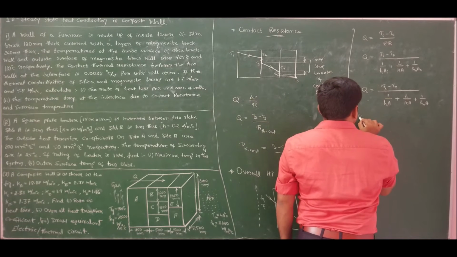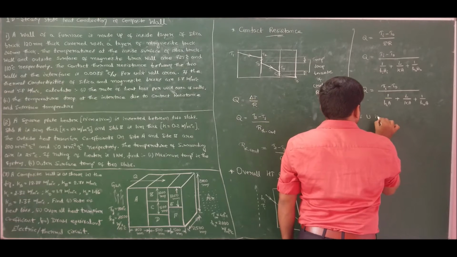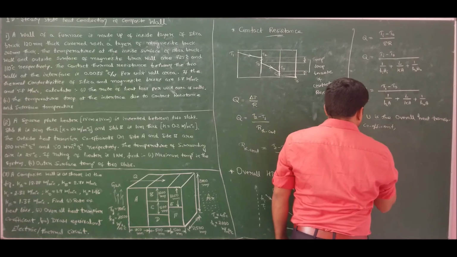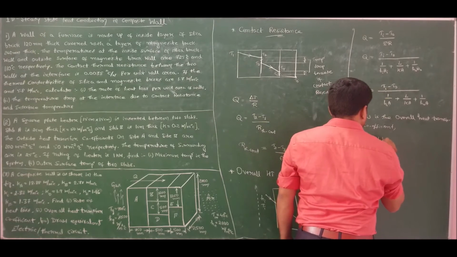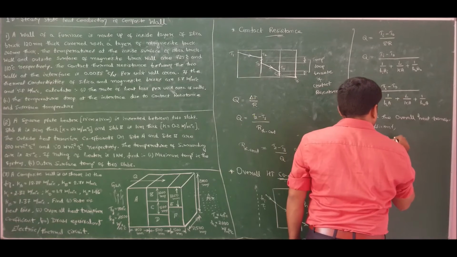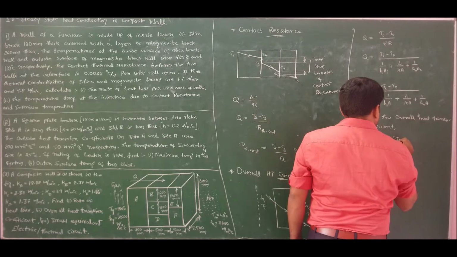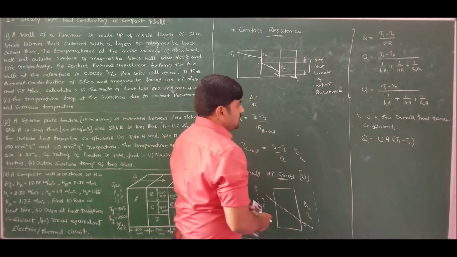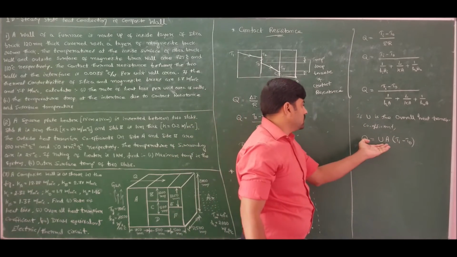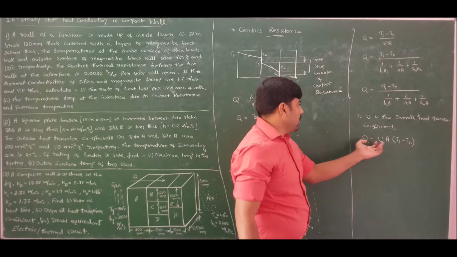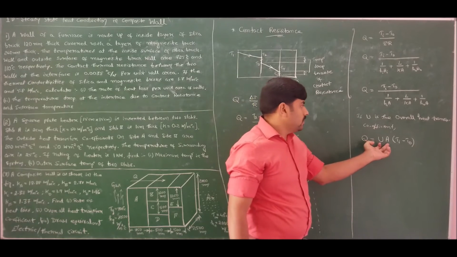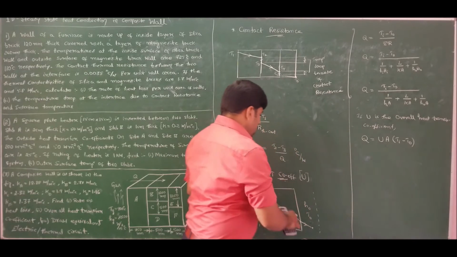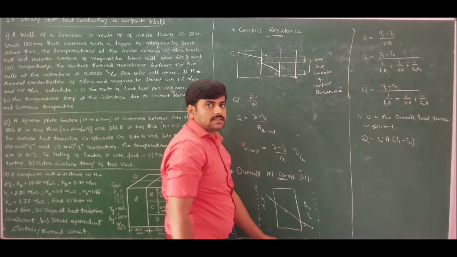Now, if U is the overall heat transfer coefficient, then the rate of heat transfer Q can be written as UA (Ti − To). That is, the overall heat transfer coefficient gives us the rate of heat transfer per unit area, per unit time, per unit temperature difference between the bulk of the fluid on either side of the metal surfaces.